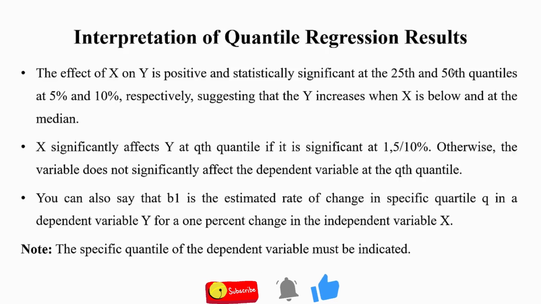So you can say that B1 is the estimated rate of change in the 25th quantile of the dependent variable y for a 1% change in the independent variable x. So you can also interpret your results this way. But what is very, very important is that you must specify the quantile of that particular result.